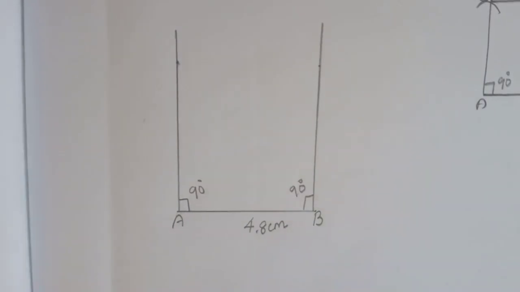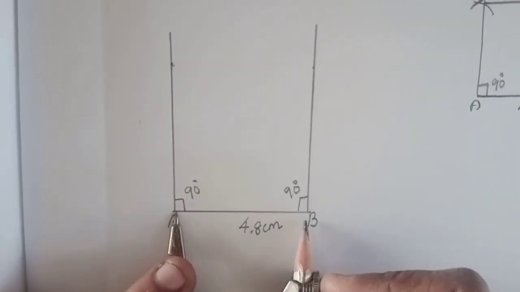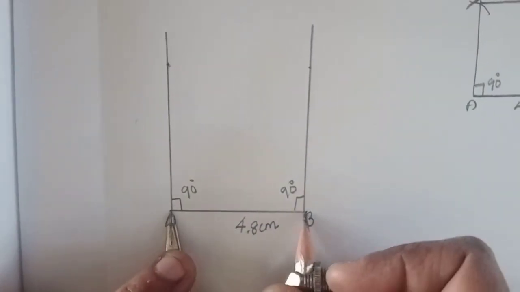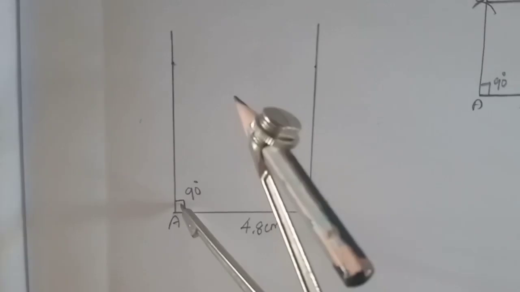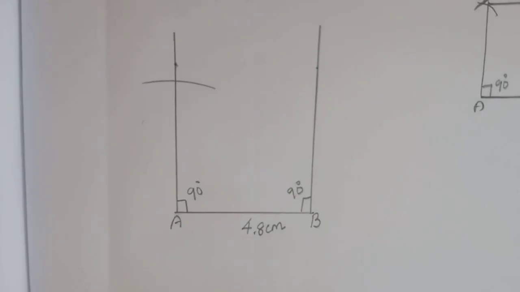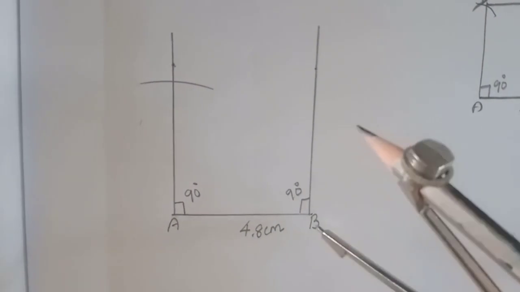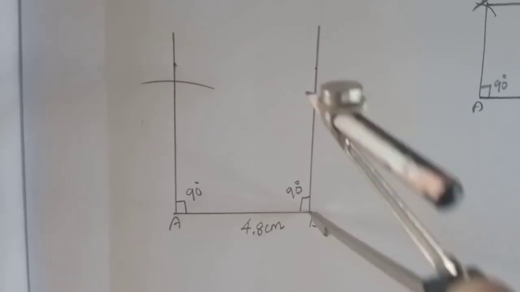In a square, all sides are equal. So, taking the radius 4.8 centimeter with A as center, draw an arc. The same radius with B as center, draw another arc.